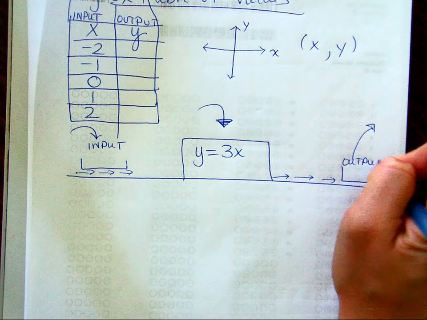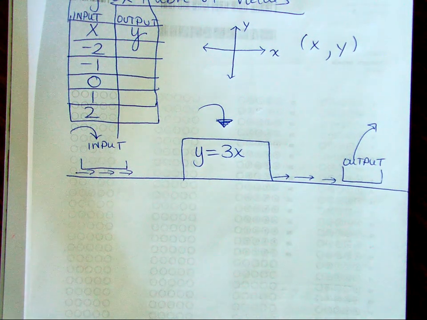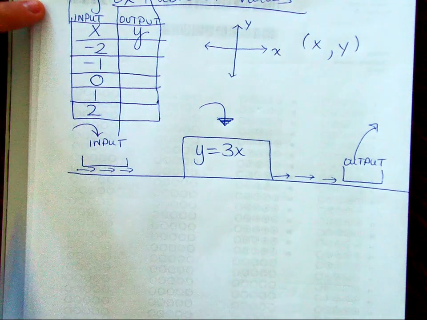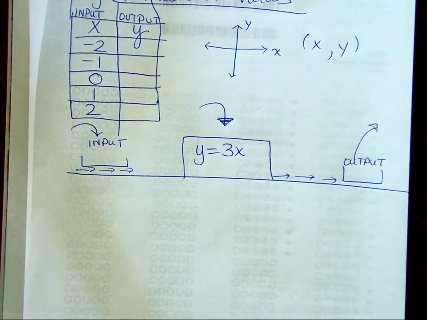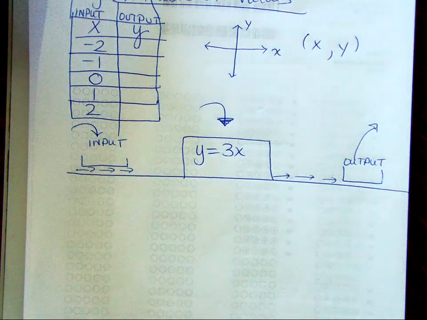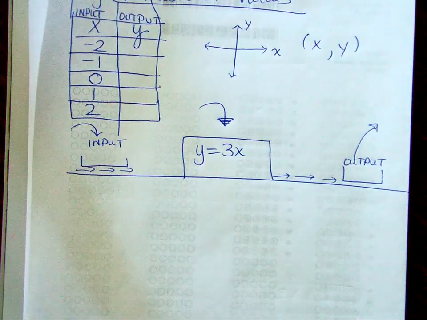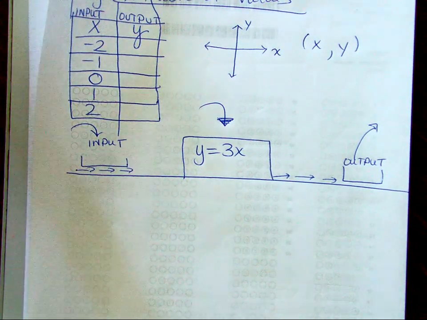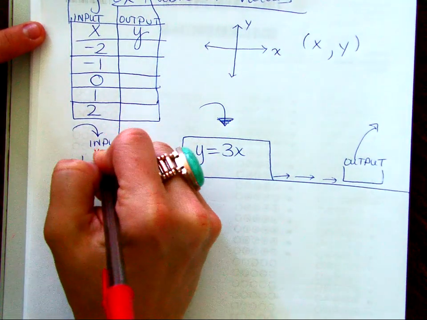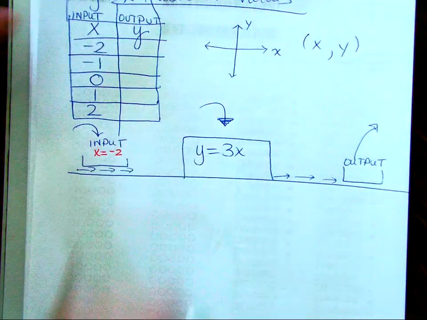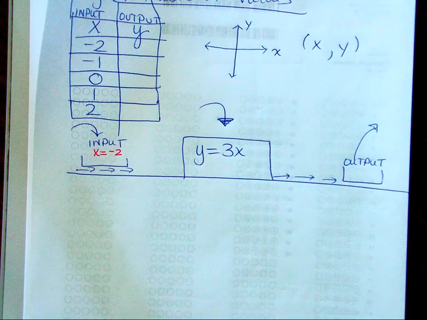All right. So I want you to picture this little machine. And I have my inputs right here. My inputs are all my x values. So what that means is, if you want to do this in color, you can. It might not be a bad idea. I'm just going to put my input. The first x value I have is -2.